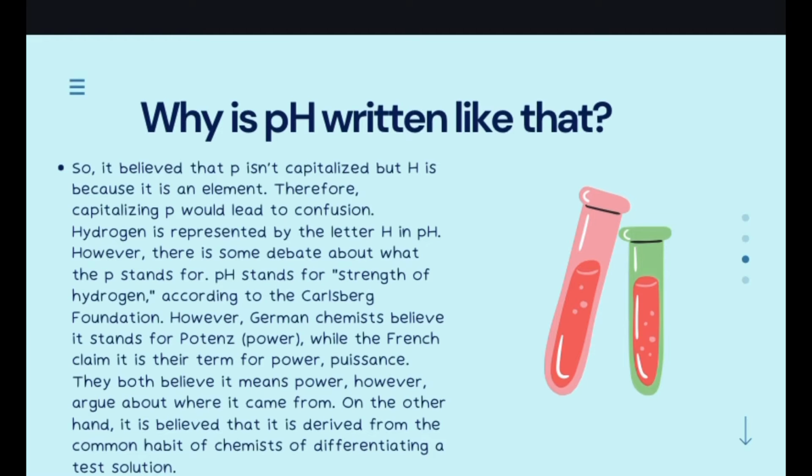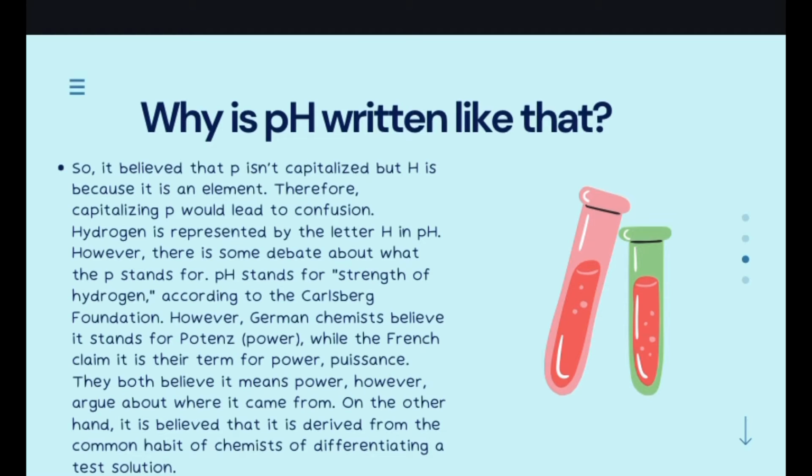As I've said previously, some people believe that H refers to hydrogen. So they believe that H is capitalized because it represents an element, while we don't capitalize P, so it doesn't represent an element like phosphorus, for example. Therefore, capitalizing P would lead to confusion. Hydrogen is represented by the letter H in the pH.